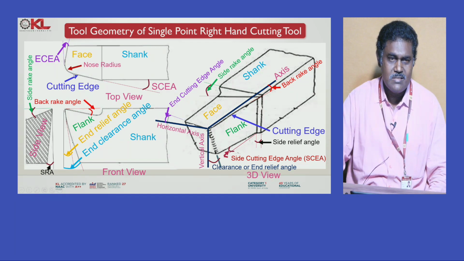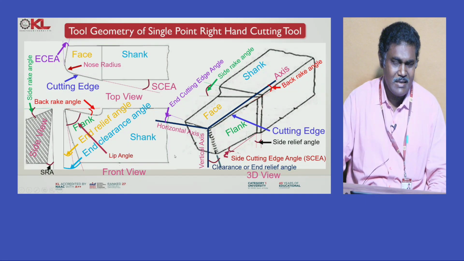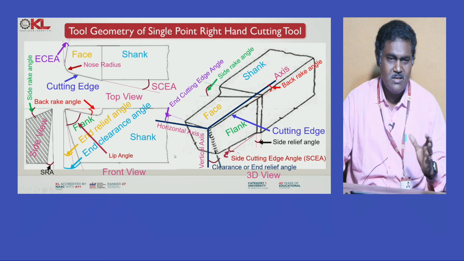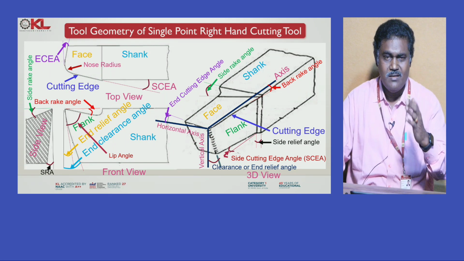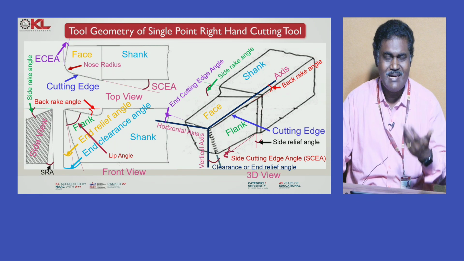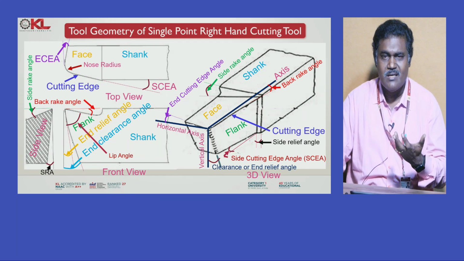So now you can see that this is the nose radius, and one more, here you are measuring the distance of this, you can clearly observe in the front view, that is known as the lip angle. Okay. So you see that now these are all the different geometries you can represent on the single point cutting tool.